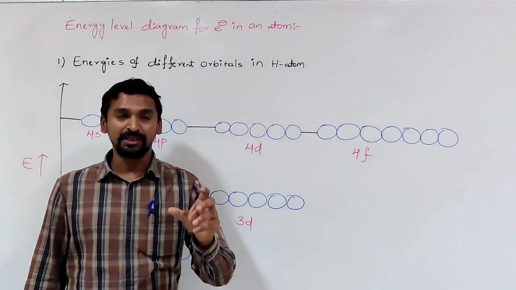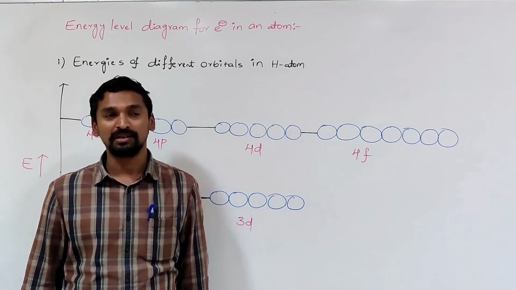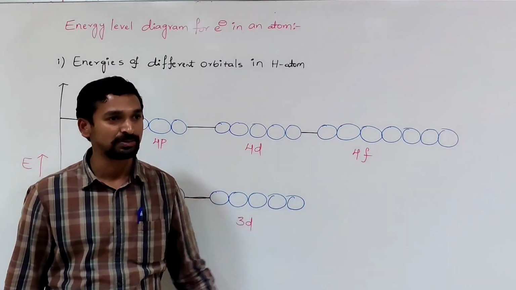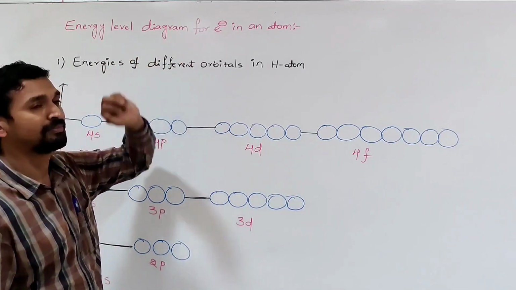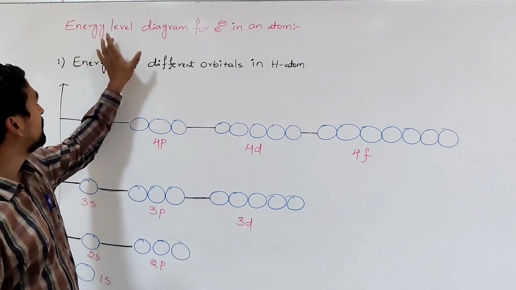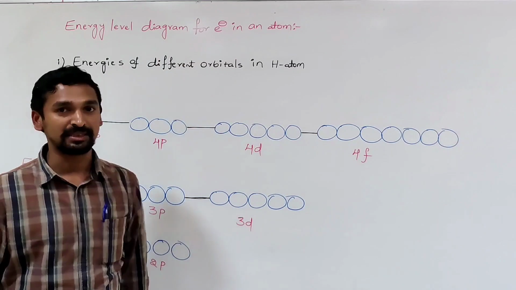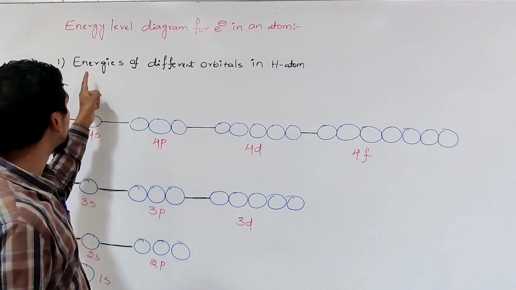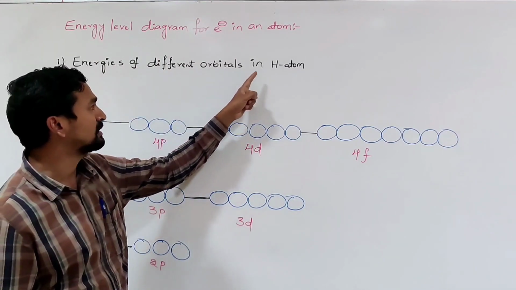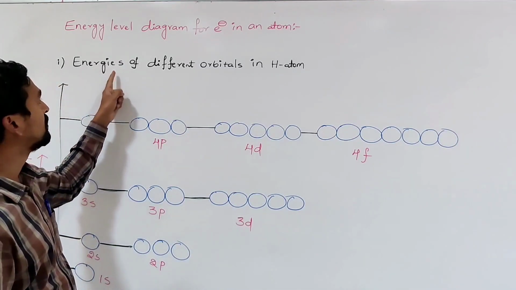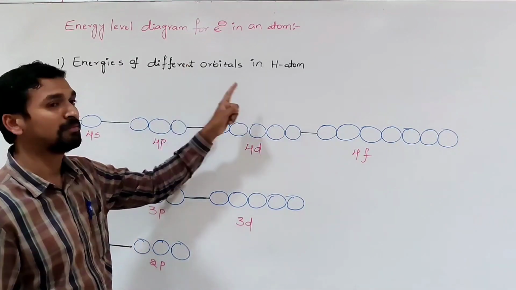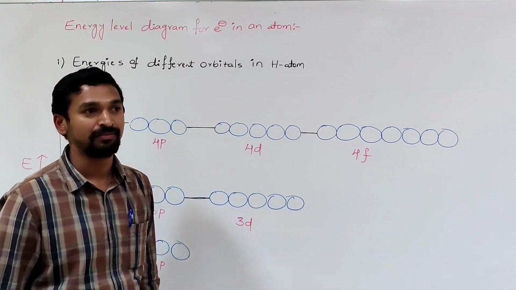The relative energies of those orbitals can be shown by an arrangement. That arrangement is called the energy level diagram. So this energy level diagram we study in two cases. One is energies of different orbitals in hydrogen atom, and another one is energies of different subshells in multi-electron atoms.